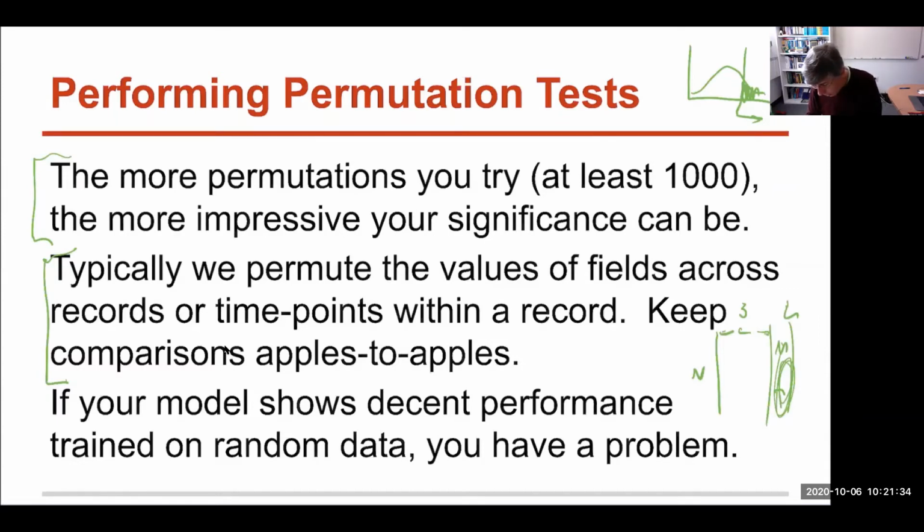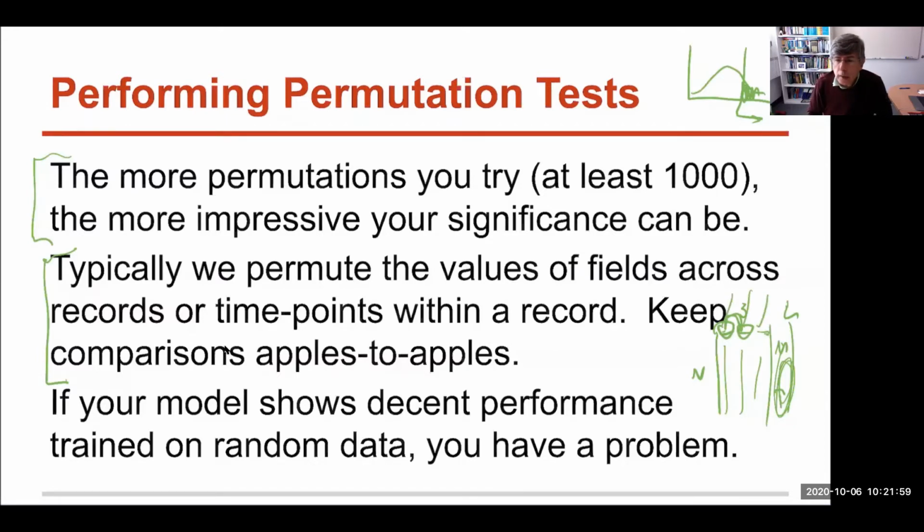Permuting all 3 of these fields randomly does not make sense to me, because there may be a correlation between 2 of the features. Let's say you have a model to predict whether somebody is a man or a woman from 3 different fields.